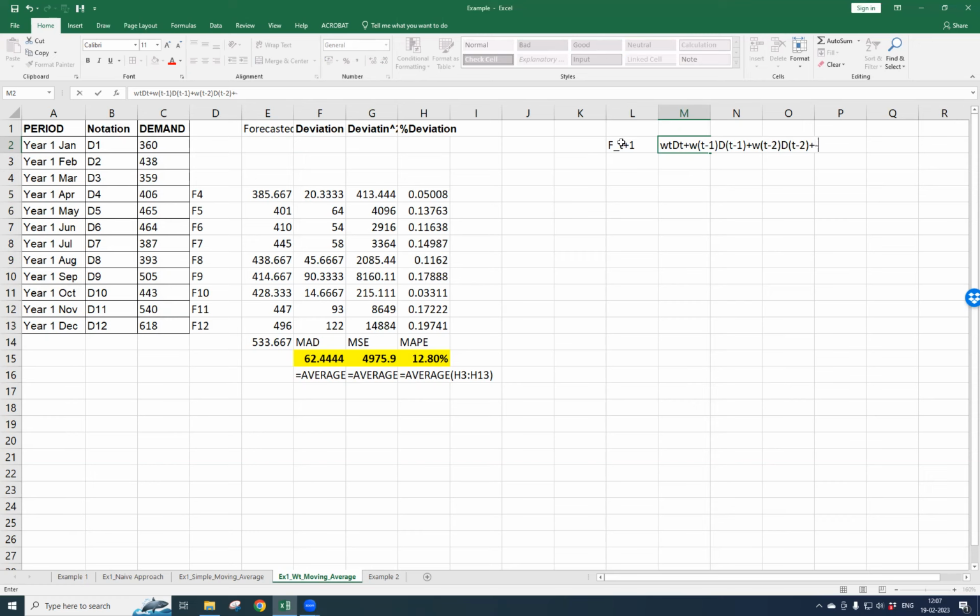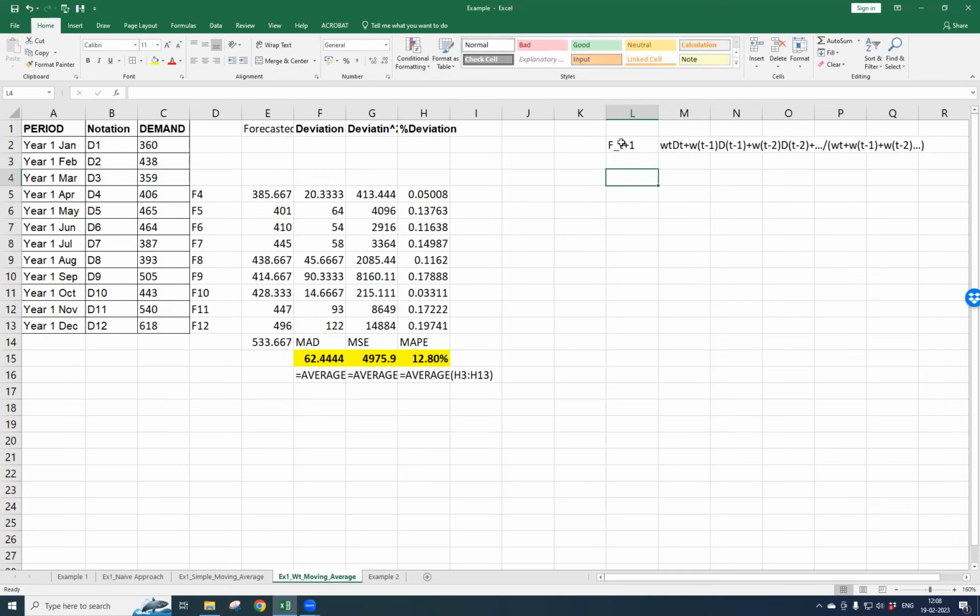So like this, you have all the weights, whatever you choose, and divide this entire thing by the sum of the weights, Wt plus Wt-1 plus Wt-2, and so on. So this is your Ft+1 formula.